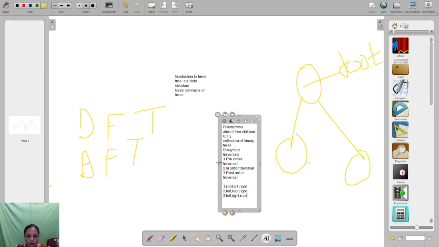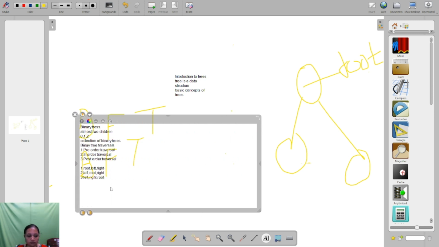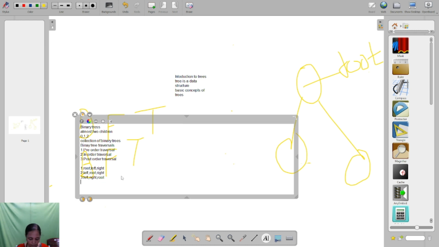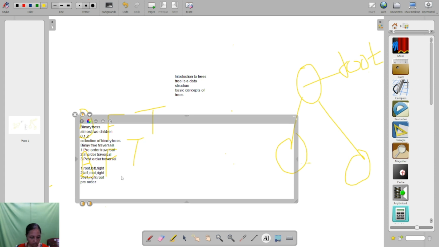The algorithm is based on the rule, so in brackets you write the rule.